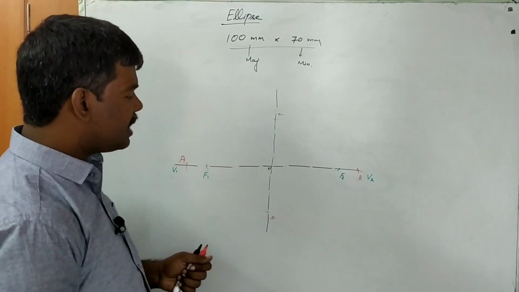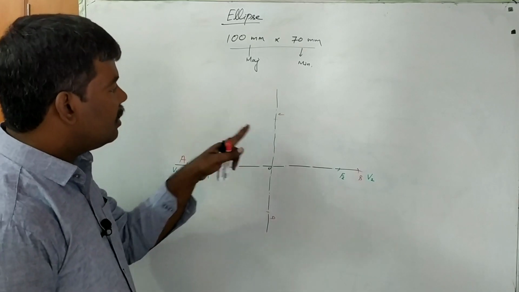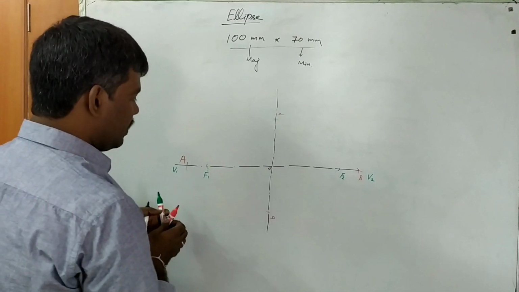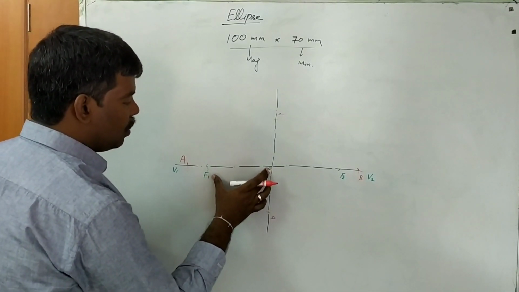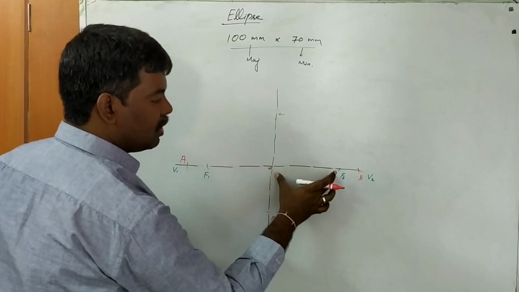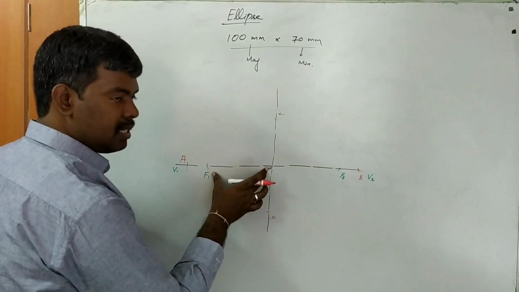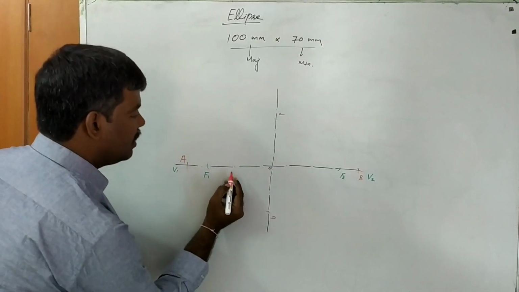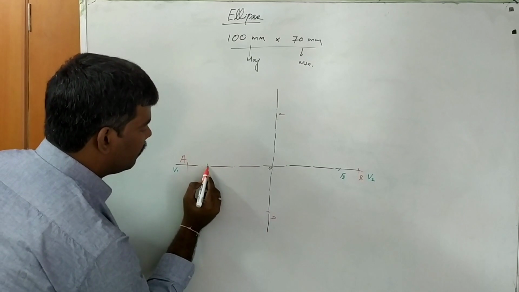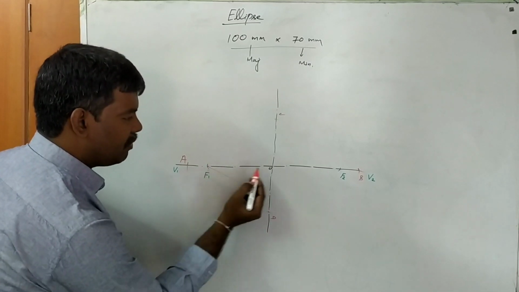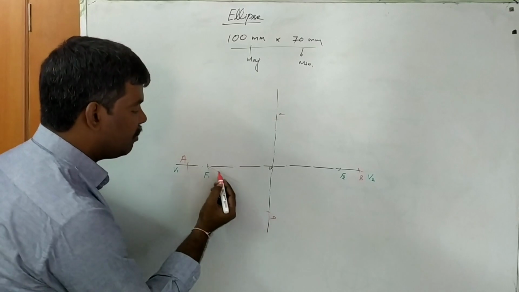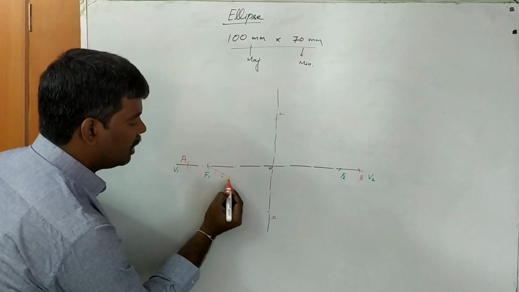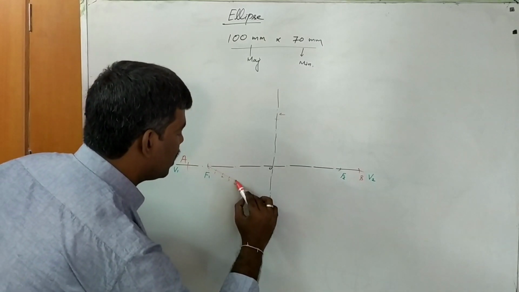Right. So next, we want to construct the curve. How? The distance O to F1 is equal to O to F2, no? You divide the line length OF1 into n equal parts. You know the procedure: from OF1 you draw one inclined line from F1 or O. For example, for 4 equal parts, with F1 as the center take some radius x and mark 1, 2, 3, 4, and last you join it.